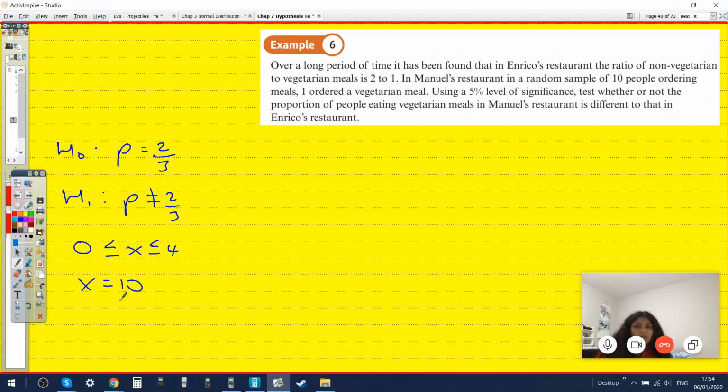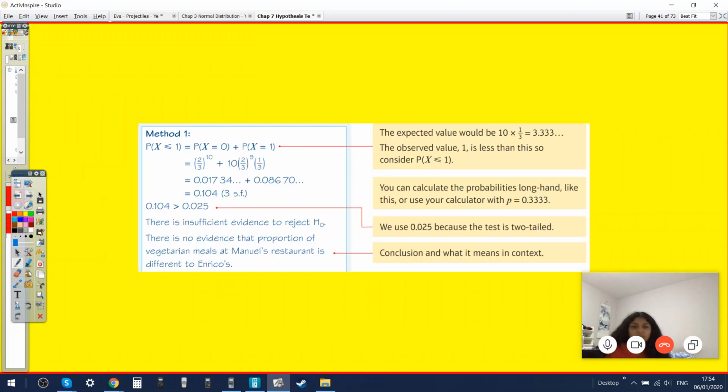Then the test statistic is in the critical region, so the null hypothesis is rejected. So the number of people in Enrique's restaurant is not different. Yeah, and we can be 95% confident in that.